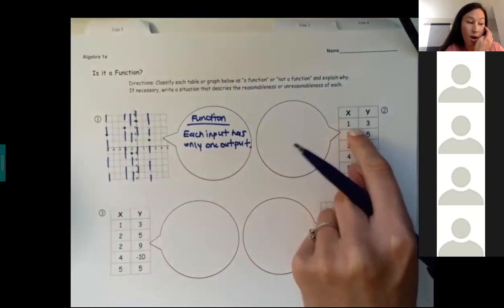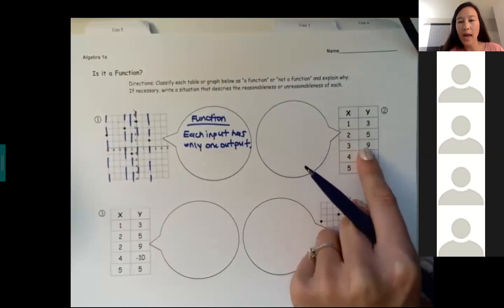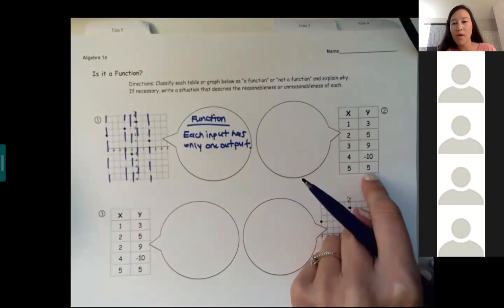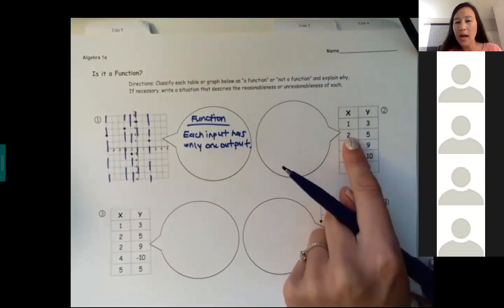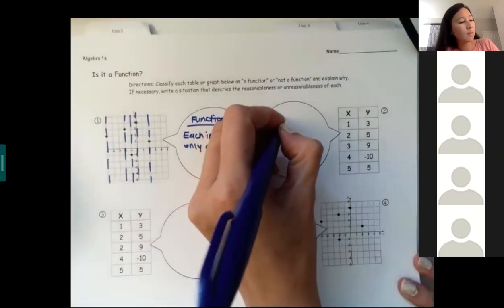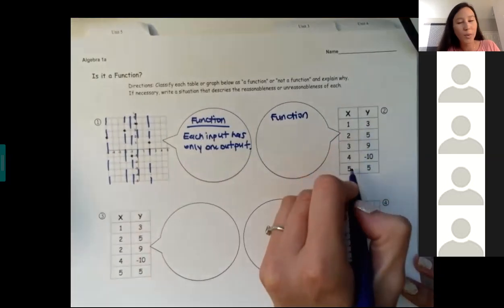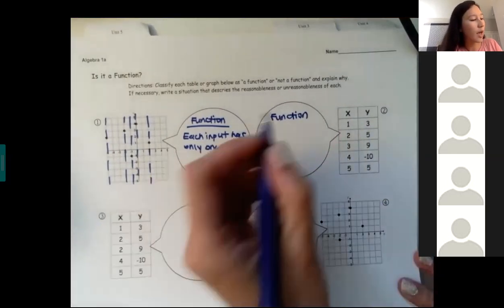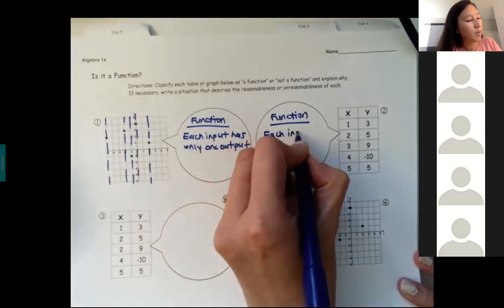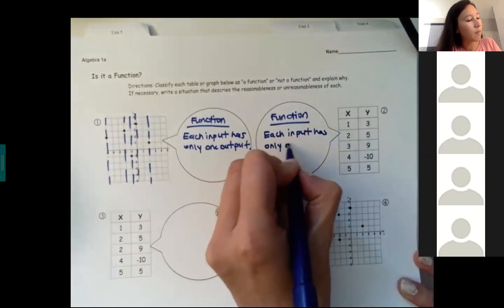So we have 1 and 3, 2 and 5, 3 and 9, 4 and -10, and 5 and 5. As long as none of the x's repeat, then we know it is a function. It's not possible for the input to have different outputs if there's only 1 point at each x. So again, a function, each input has only one output.